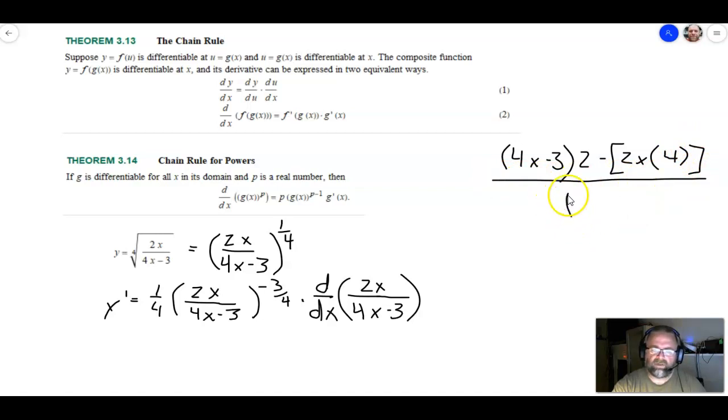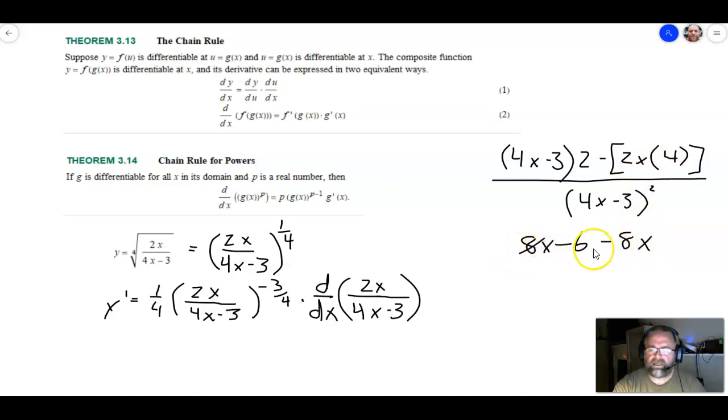So all over 4x minus 3 squared. And this is just the quotient rule for finding the derivative there. So cleaning this up a little bit, I'm going to get 8x minus 6 minus 8x.